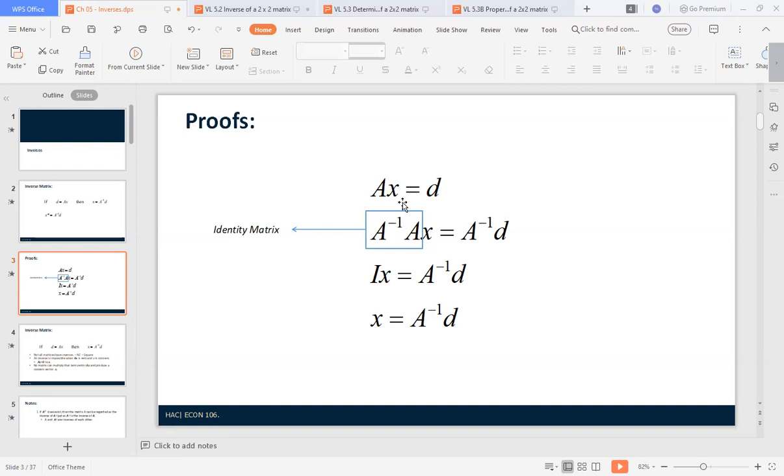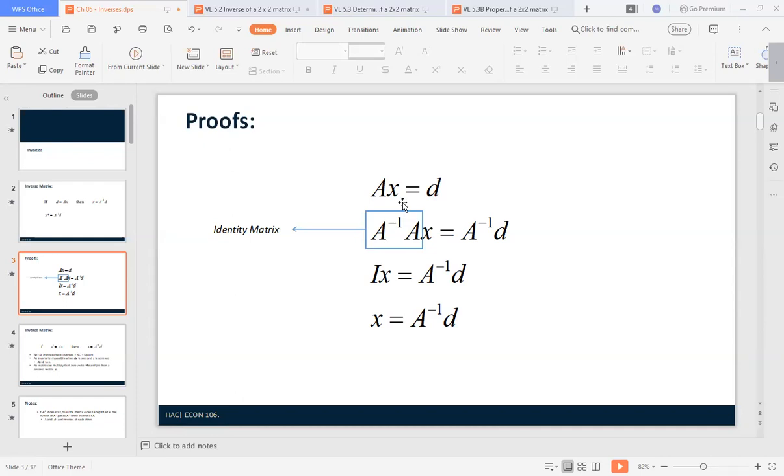So we write it in the form AX is equal to D. Just to review, A is your coefficient matrix, X is your column vector of unknowns, and D are your constants. So if you have a linear system of equations, you transform it that way, AX is equal to D.